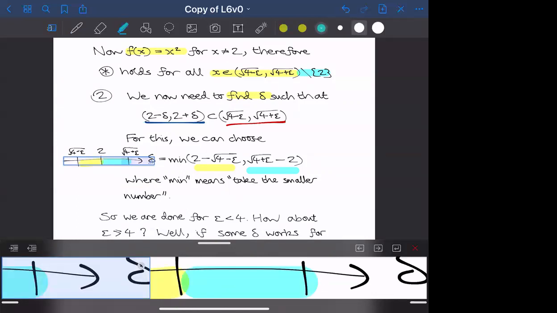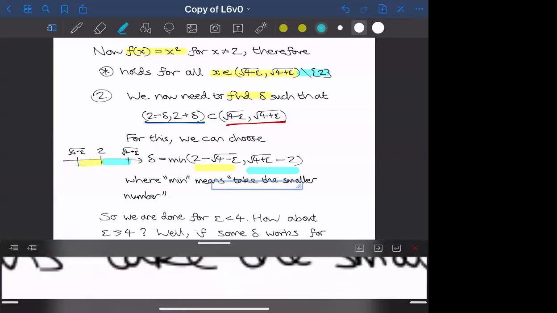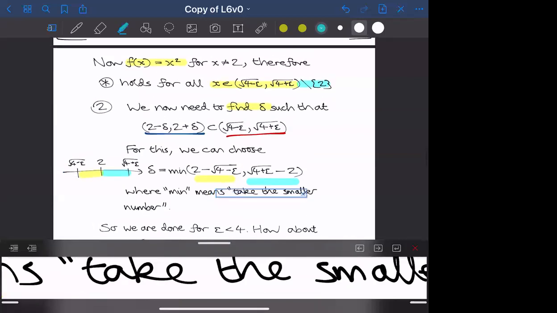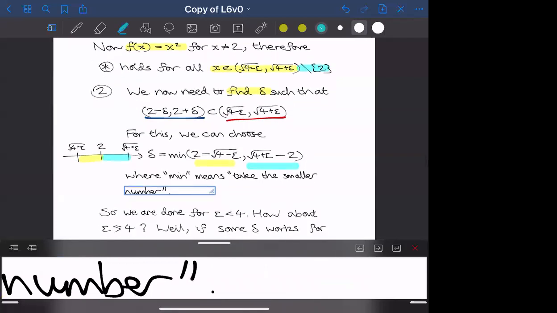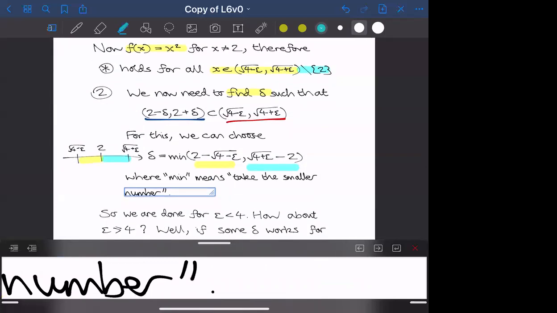And if I choose delta to be the smallest one of them, the min here means take the smaller number, then the small interval is going to be in the big interval. Okay, so putting 1 and 2 together, we are done for epsilon less than 4.